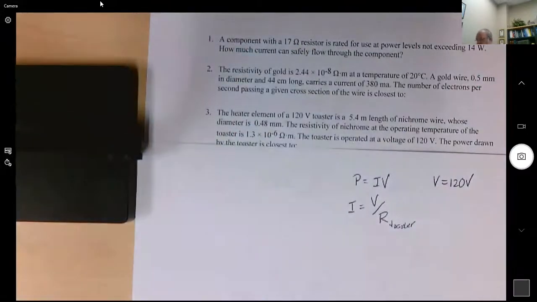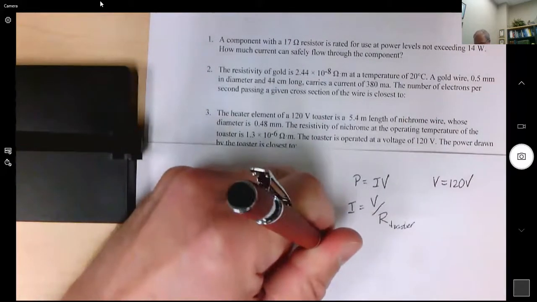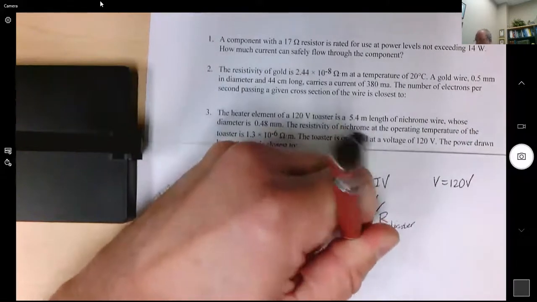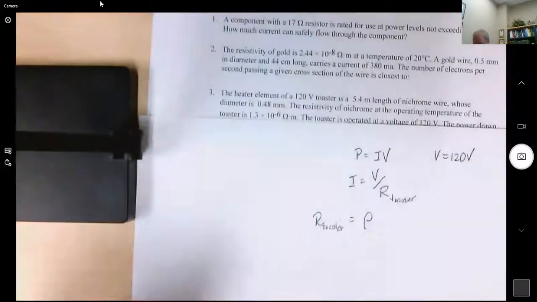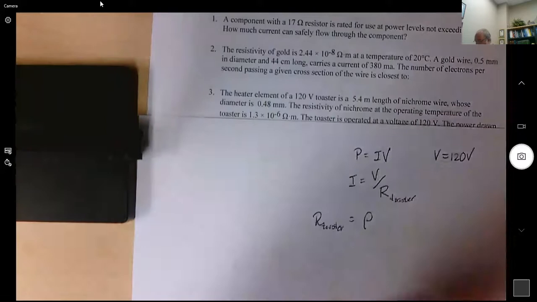Okay, so we need to know the resistance of the toaster, which is equal to the resistivity. Okay, and we'll go ahead and look this up in the book so you can find the equation.